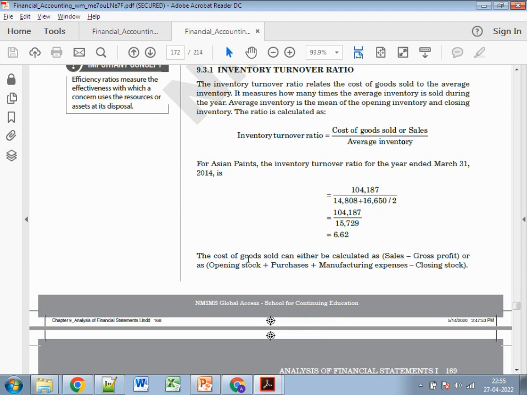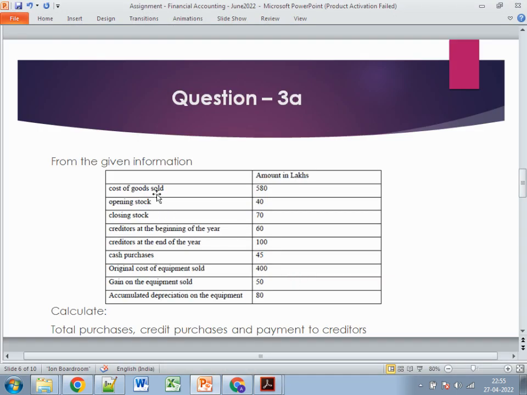So cost of goods sold can be sales minus gross profit, or it can be opening stock plus purchases plus manufacturing expenses minus closing stock, right? In the question COGS is given, opening stock is given, closing stock is given, and you need to calculate the total purchases.